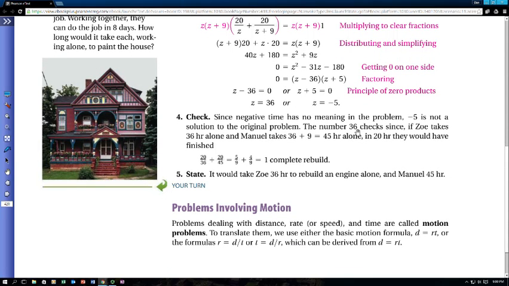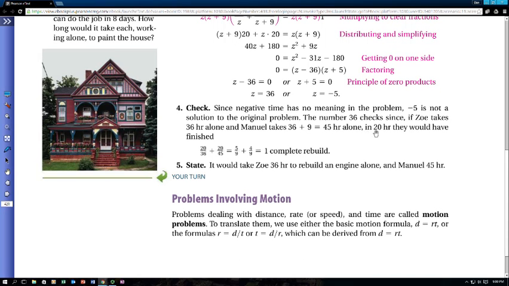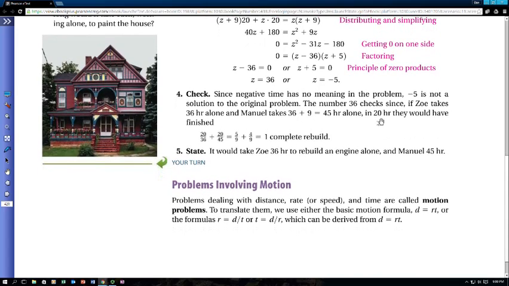And the number 36 checks, since if Zoe takes 36 hours alone, how long would it take Manuel? It would take 45 hours alone. Well, that sounds reasonable, that if it took those larger amounts of time and we put this together, they would take less time, almost less than half.